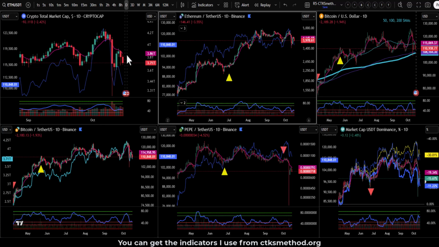Are we seeing a sign of things turning around inside the crypto market? Actually, we're not. We're seeing increased selling pressure. Now, does this mean it's only going to go down? The answer to that question resides in intercorrelation.